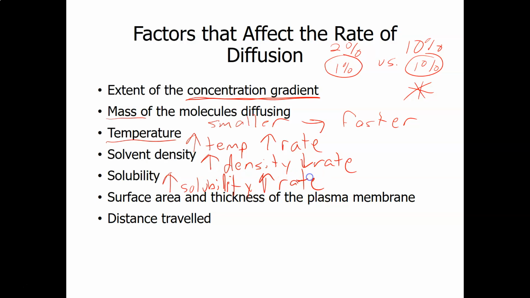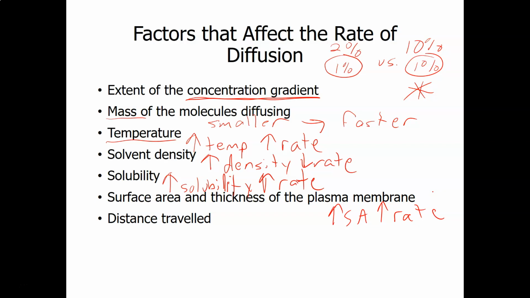And the surface area and thickness of the plasma membrane. The greater the surface area of the plasma membrane, you're going to have faster diffusion because there's more area for molecules to diffuse across. So increase surface area, increase diffusion rate.